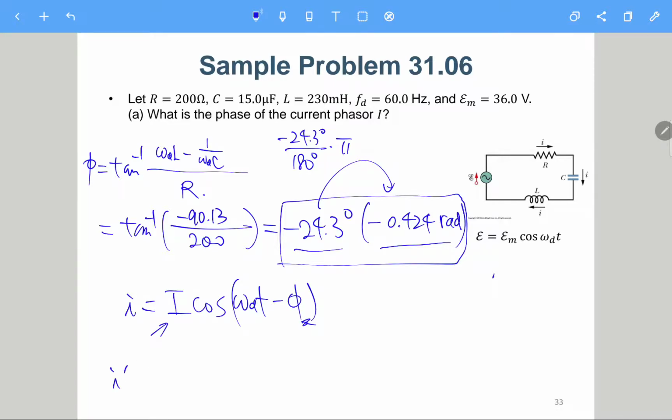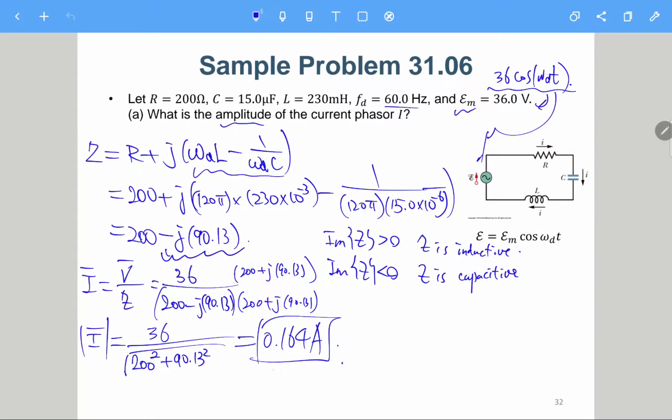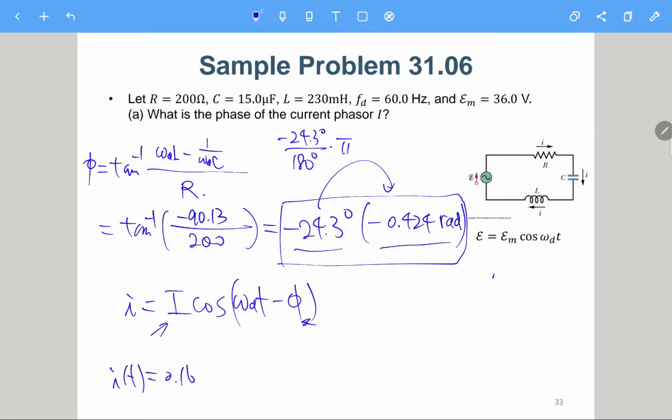So i(t) is nothing but 0.0164 cosine of (omega_d, which is 120 pi, t) minus, we can just use the radian here, so we write plus, because there is a negative sign here and also a negative sign in the phase, 0.424, like this, in amperes.